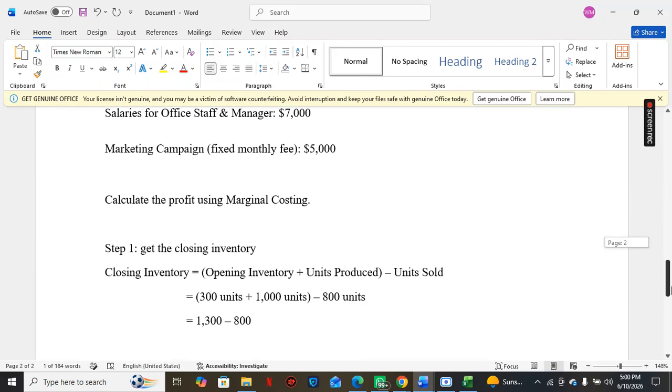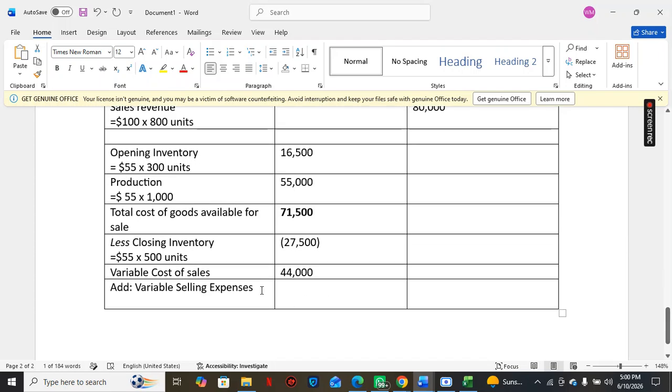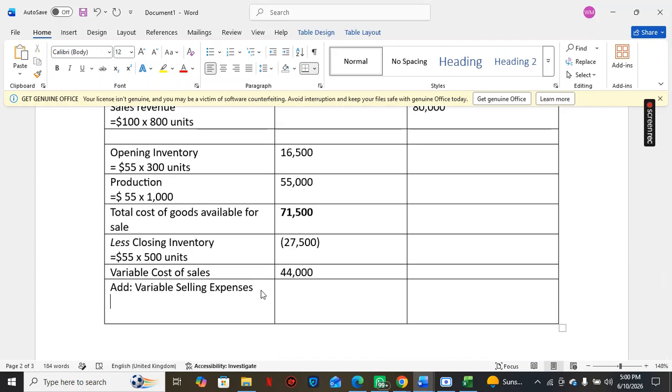So $5 multiplied by 800 units sold is 4,000.